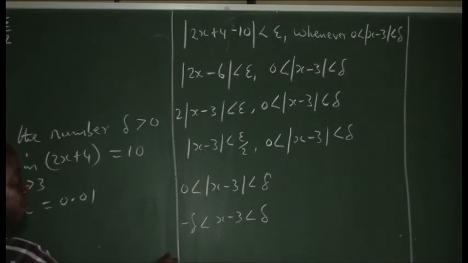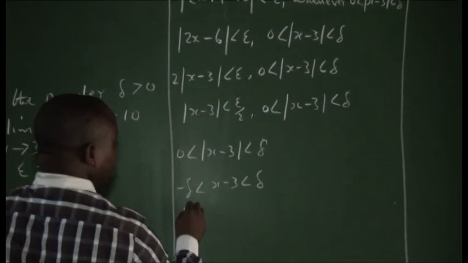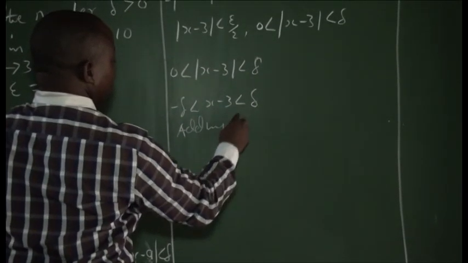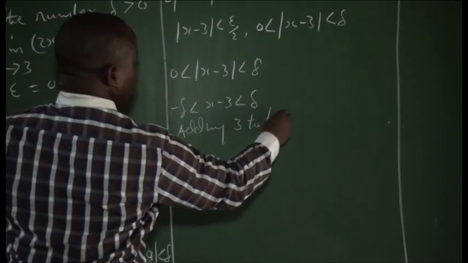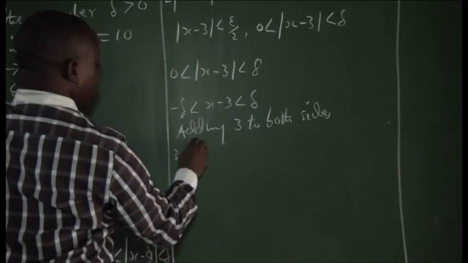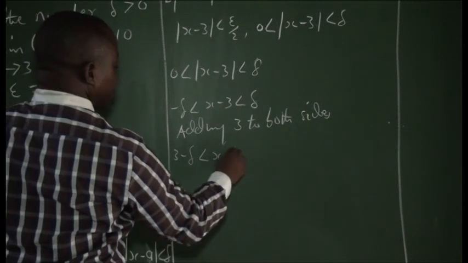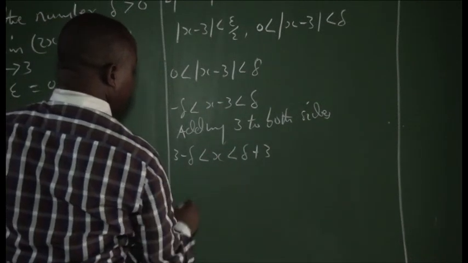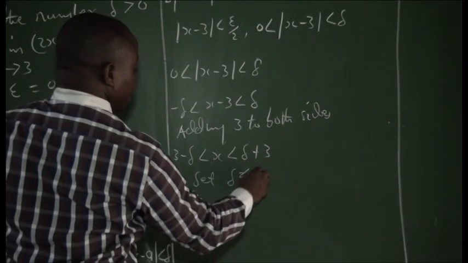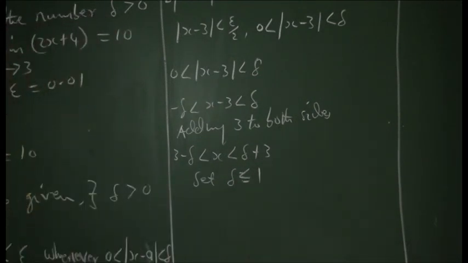So if we add 3 to both sides, we have 3 minus delta is less than x and less than delta plus 3. Now set delta to be less than or equal to 1.